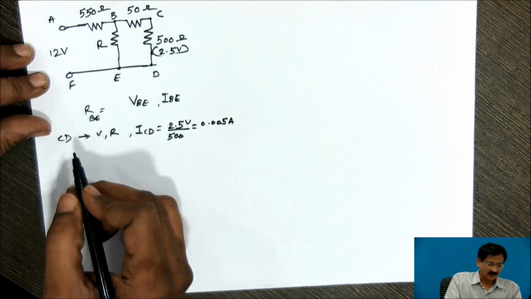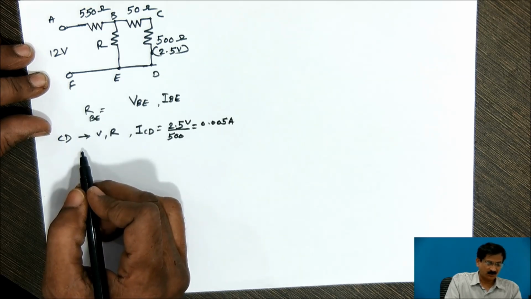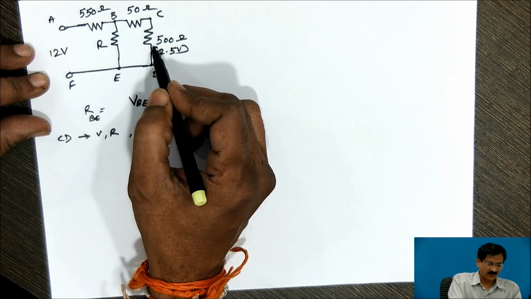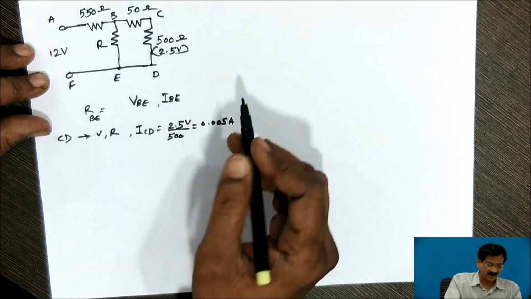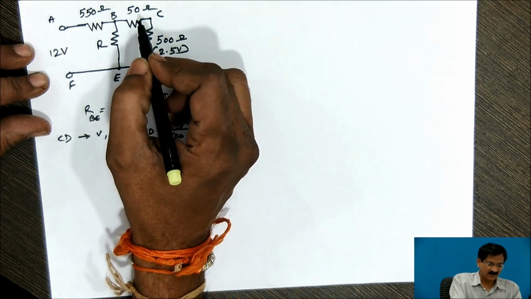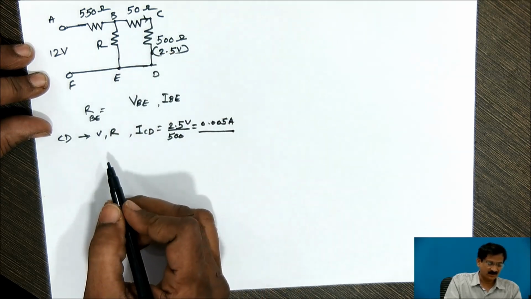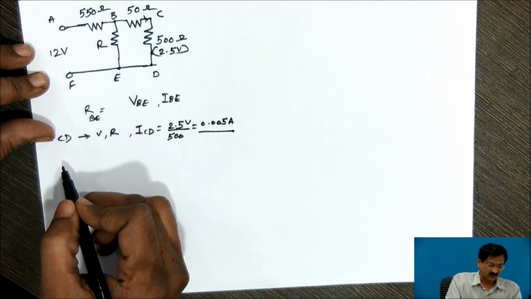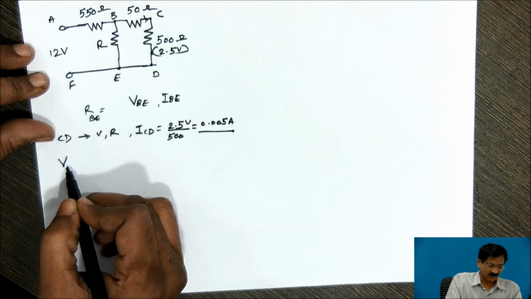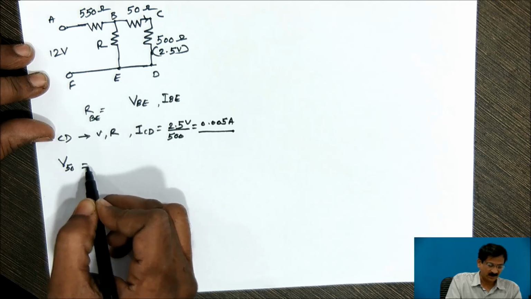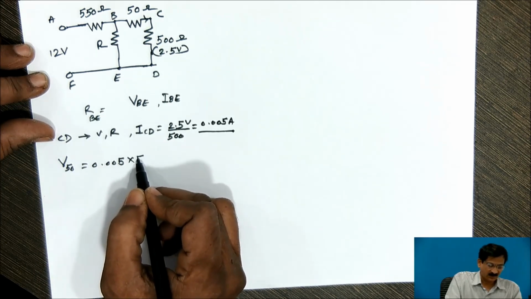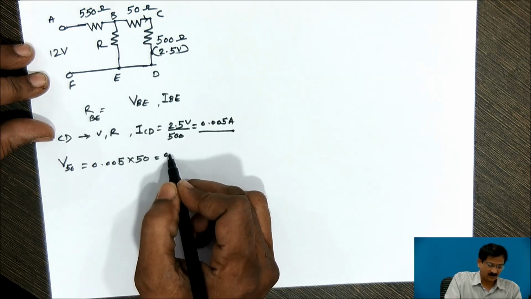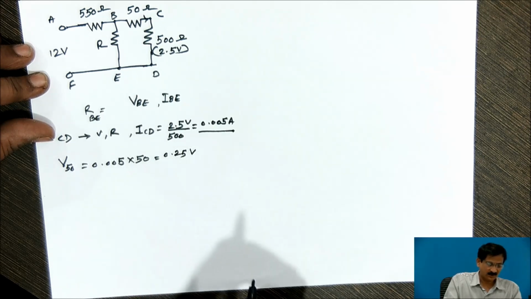Next, according to the property of series circuit, 500 ohm resistance and 50 ohm resistance are in series. It means that the same current is flowing through this 50 ohm resistance. So I can find out the value of voltage drop across 50 ohm resistance. That will be equal to 0.005 multiplied by 50 ohm, comes out to be 0.25 volts.